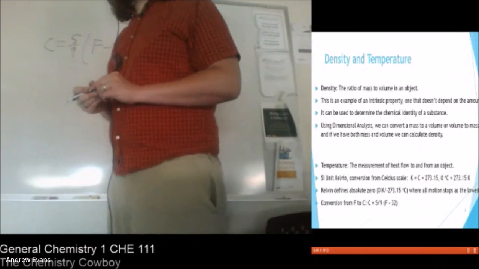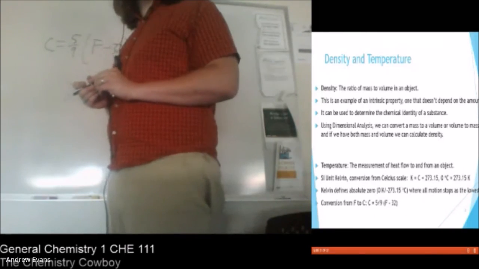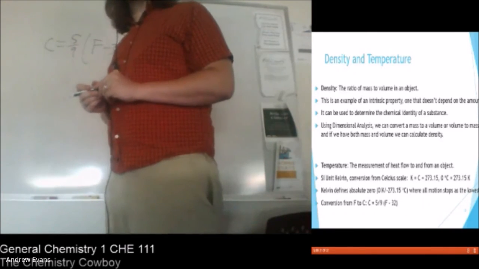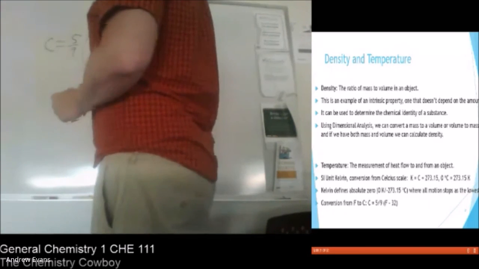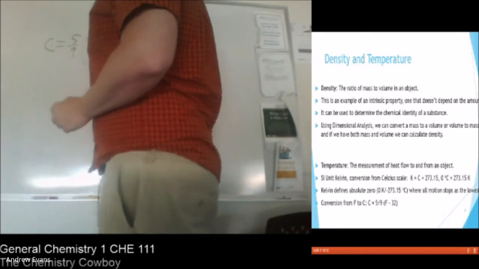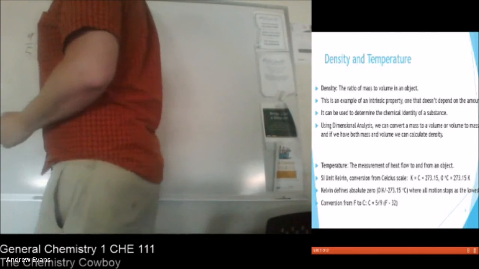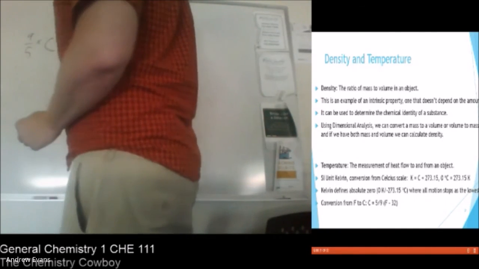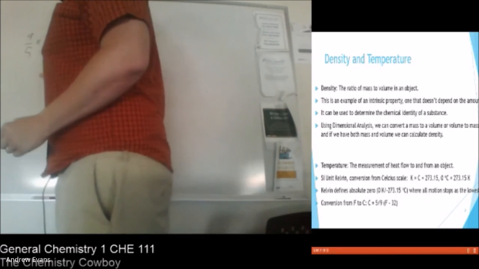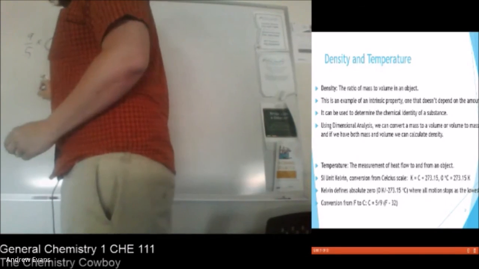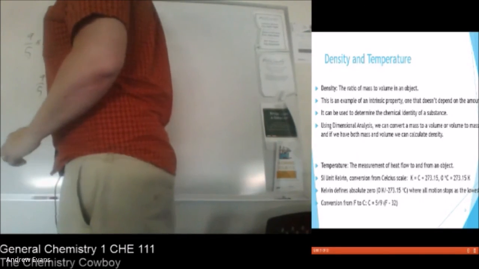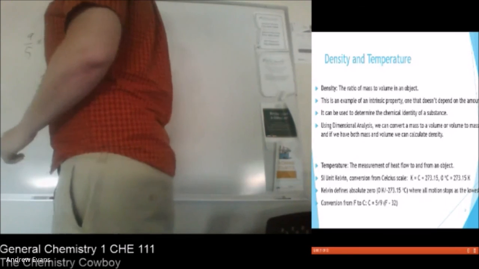We cross multiply. We multiply both sides by 9, divide both sides by 5. What's going to happen? The 5/9 drops out. So we have Celsius times 9 over 5 equals Fahrenheit minus 32.